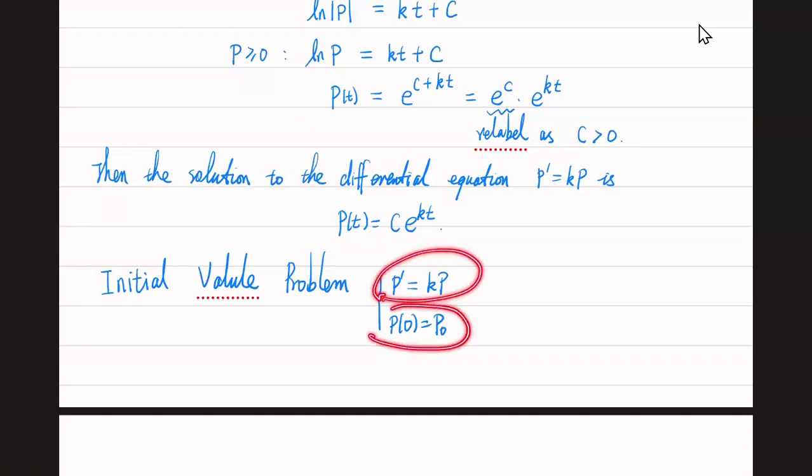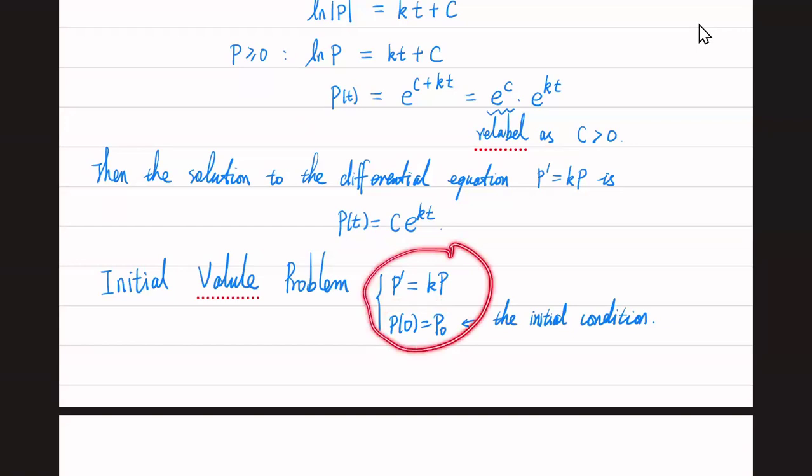The second one, this is the initial condition. Putting them together, because it's an initial value problem.